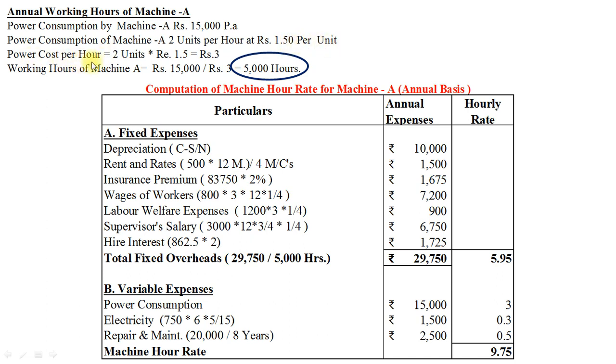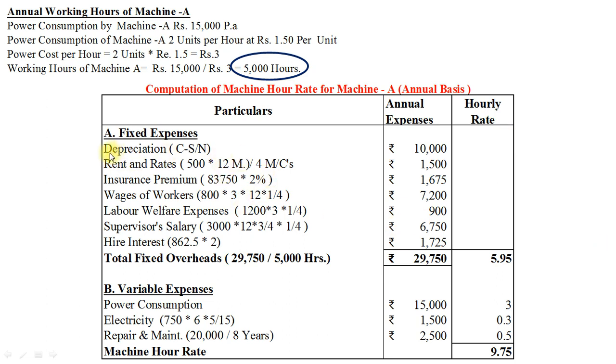So power cost per hour is 2 units multiplied by rupees 1.5, that is rupees 3, and annual working hours of machine A amounts to 15,000 divided by 3, that is 5,000 hours. Already we have discussed. Now we will prepare a statement for computation of machine hour rate of machine A. It is on an annual basis, because annual basis becomes very easy for us. So particulars, annual expense and hourly rate. Now all these points are discussed here.